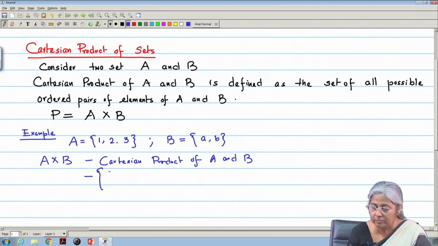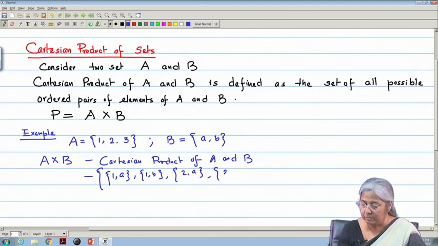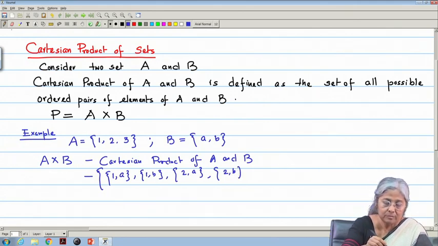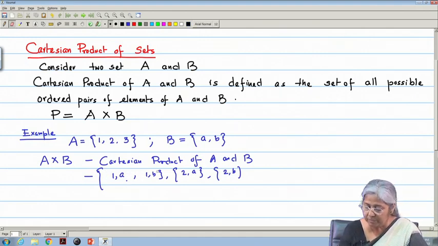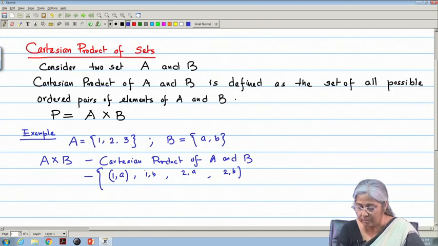So, the set of 1a, 1b, then 2a, 2b, take this as the simple pair, 1a, 1b, 2a, 2b, then 3a, 3b.